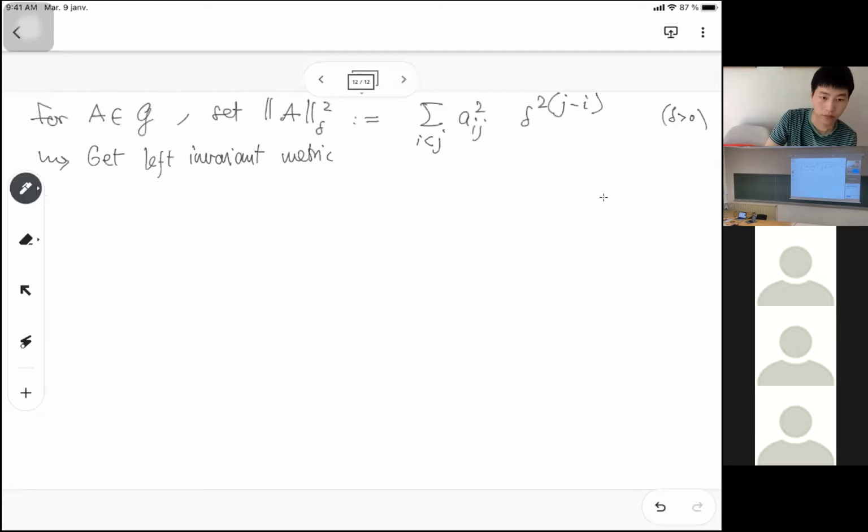So for such a metric, it is known by a computation that the sectional curvature is determined by the Lie bracket.